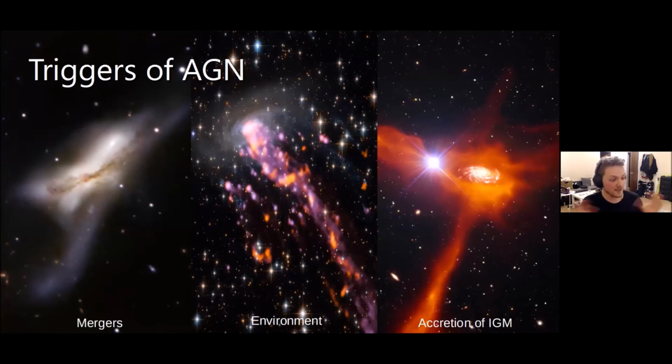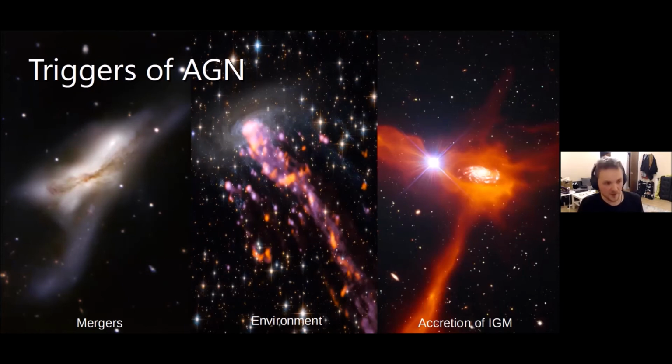And then finally, it's also just accretion of the intergalactic medium. Between all galaxies, there is at least some sort of material, some sort of gas, although it's not dense at all. If some regions are perhaps denser, and if you have enough time, you have the ability to accrete this material onto the black hole and the central region.